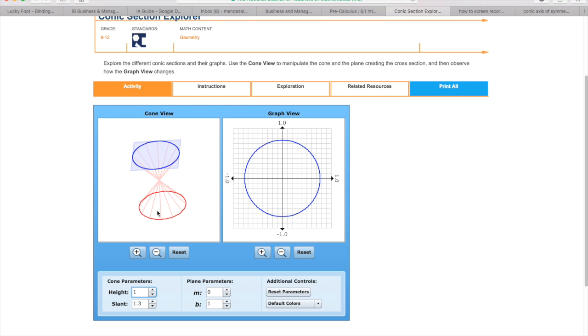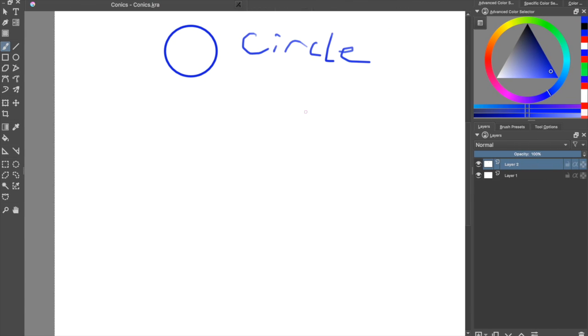But what does this tell us? Well, this tells us that when M equals 0, then the shape that will appear will be a circle.